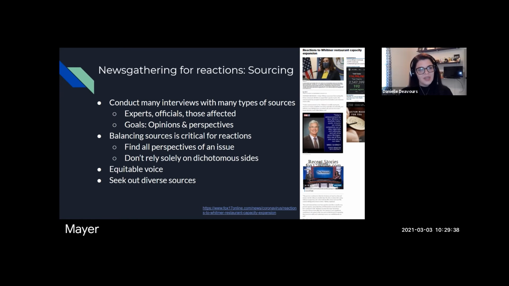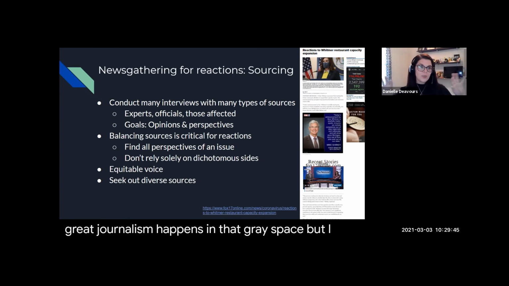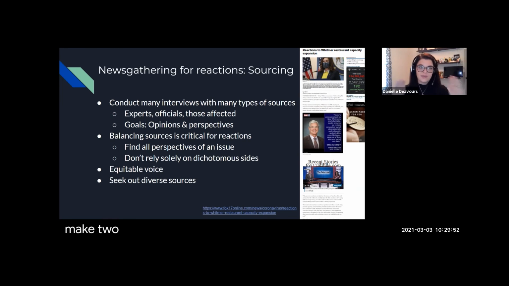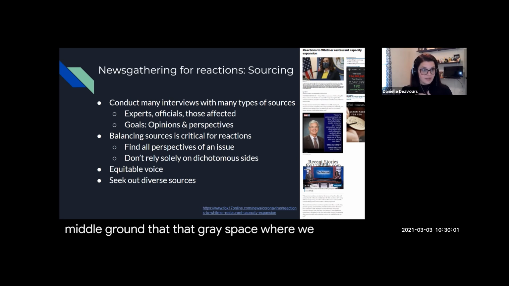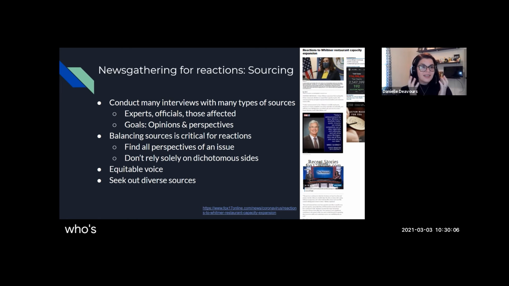So I think you're going to find a lot of great journalism happens in that gray space. But unfortunately, we have used the norm of balance to make two sides to every issue, only showing the extremes. So it's important that we also capture that middle ground, where we present, like Myra was just saying, someone who's like, yay, more social life, but hey, I don't get as much flexibility within my course offerings.